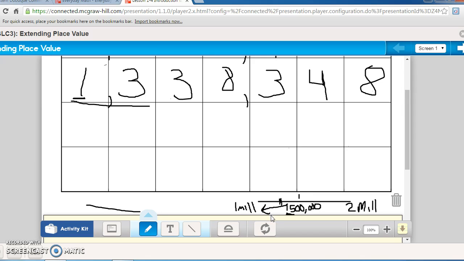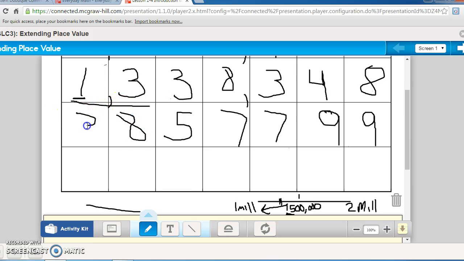About how many people lived in Los Angeles? Let's record this number also on our place value chart. Again, you should write as I'm writing and make sure you're understanding. The first 9 farthest to the right goes in the ones place, the next 9 in the tens, the 7 in the hundreds, the 7 in the thousands, the 5 in the 10,000s, the 8 in the 100,000s, and the 3 in the millions.